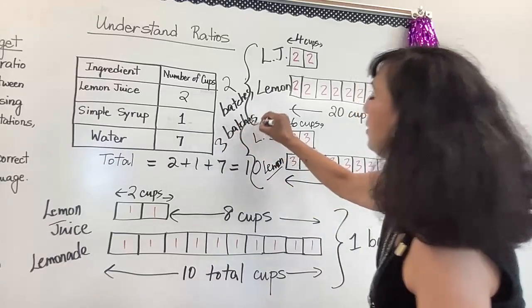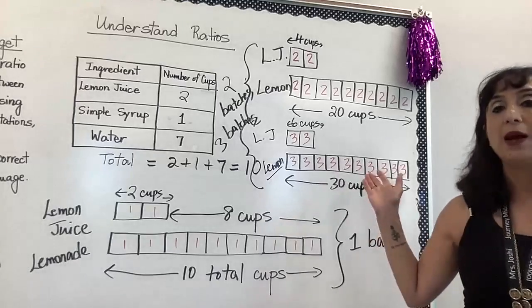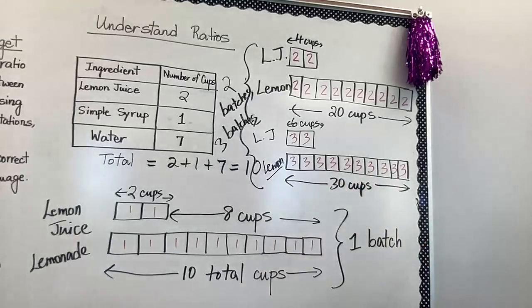And so this is how you can see that these ratios are equivalent, and no matter how many batches are made, there are always 2 cups of lemon juice for every 10 cups of lemonade in this recipe. This confirms that the same relationship between cups of lemon juice and cups of lemonade is being maintained.